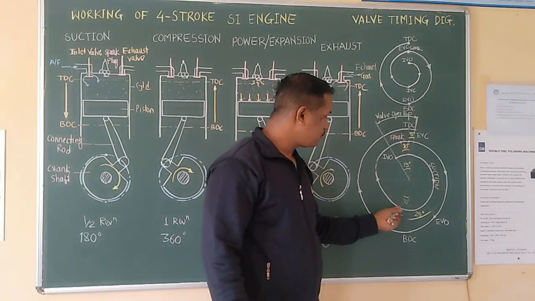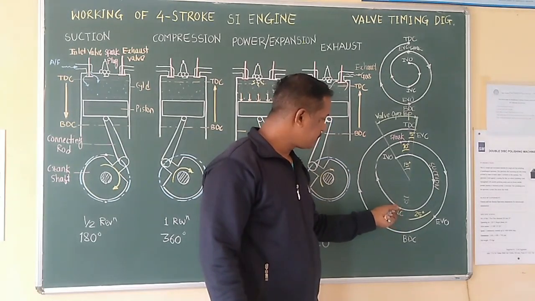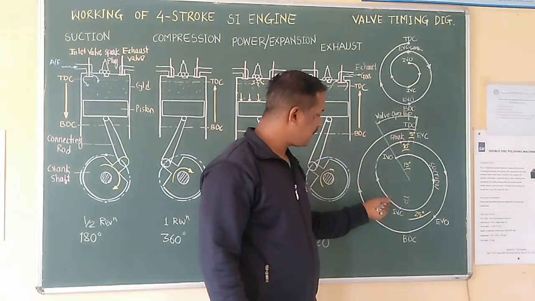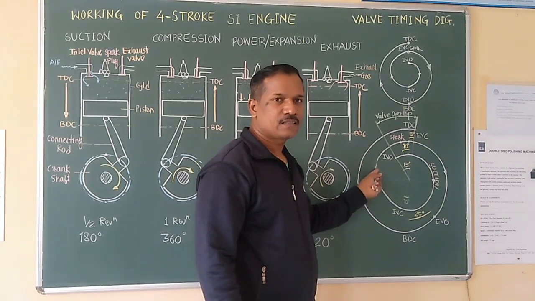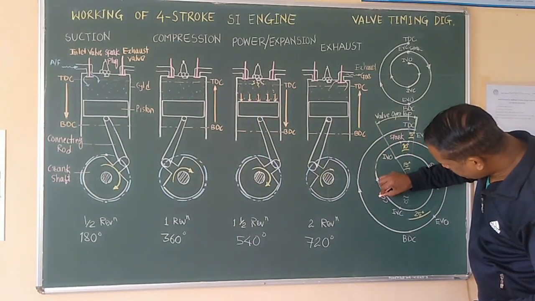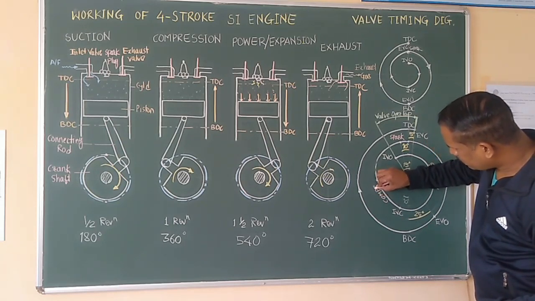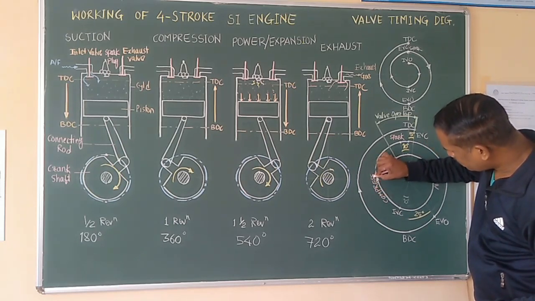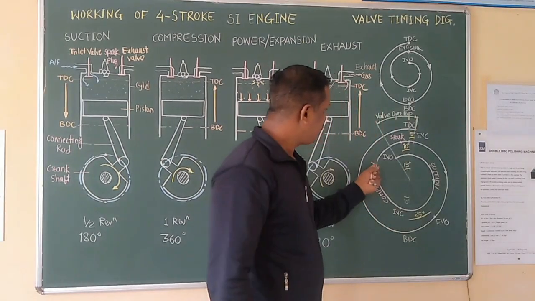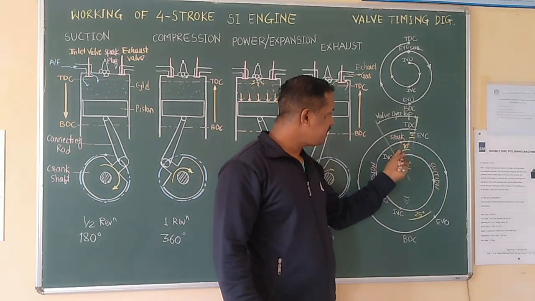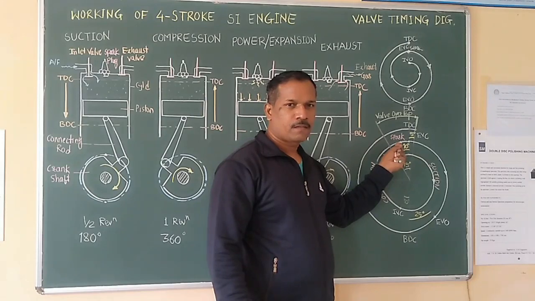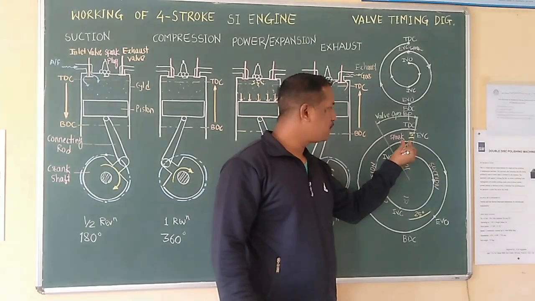When the inlet valve closes, the piston moves from BDC towards TDC. Whatever entrapped charge is there gets compressed. So this is the compression stroke. And before the end of compression, 10 degrees before TDC, a spark is produced, and this starts to burn the gases.